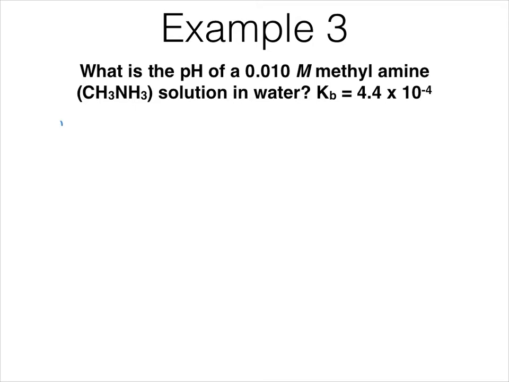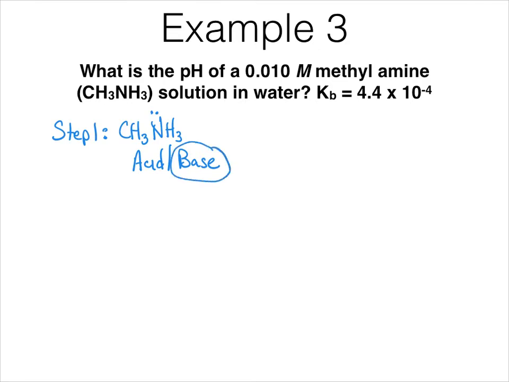So, step 1 is to determine if methylamine is an acid or a base, strong or weak. So, methylamine is an amine, which means that it has this nitrogen with lone pairs, and we talked about earlier that this acts as a base.